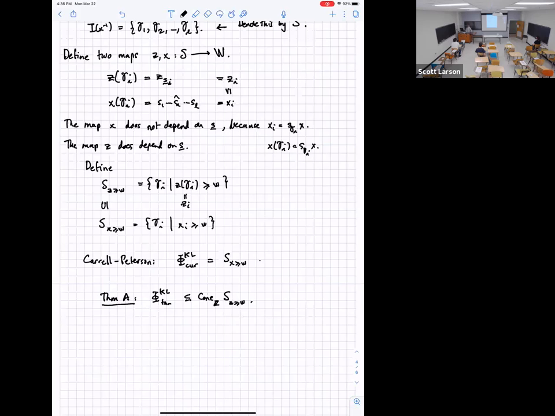This is the part of the results where, in the equivariant case, you have to use some kind of argument. So this is a non-trivial result, actually.